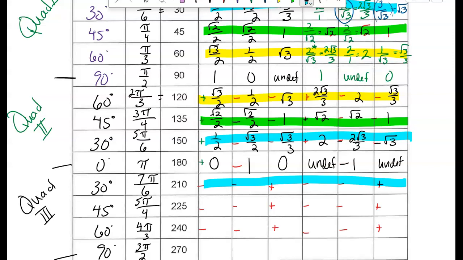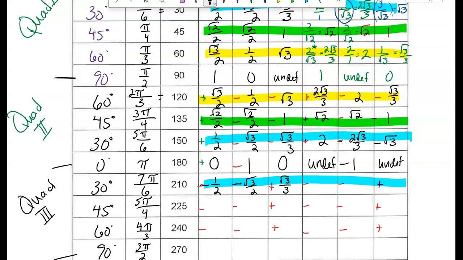I'm just thinking of my first quadrant. What is sine of 30 degrees? That's going to be 1/2. So this is going to be a negative 1/2. What's the cosine of 30 degrees? Root 3 over 2, so it's negative root 3 over 2 in this quadrant. Tangent's positive. That's root 3 over 3.